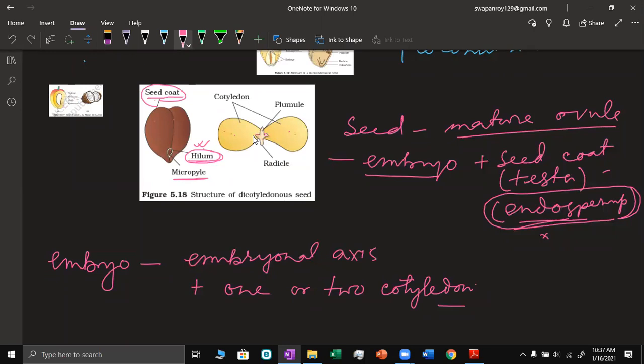Okay, here. Above the point of attachment of the cotyledon, this portion is epicotyl, and this portion below the point of attachment is hypocotyl.